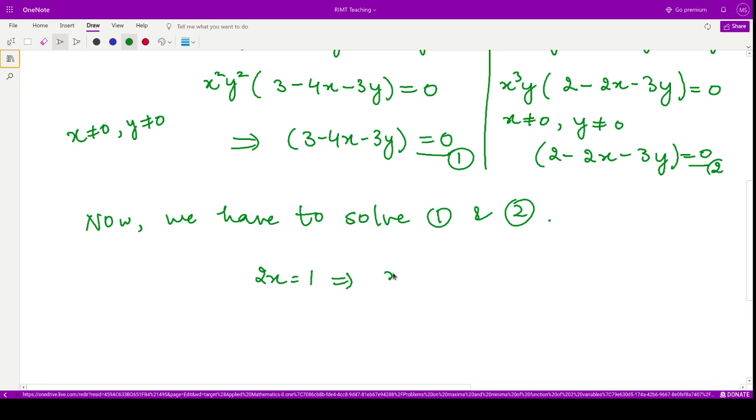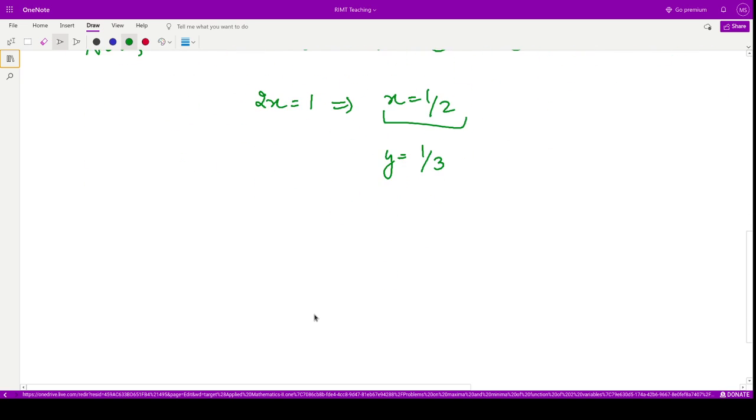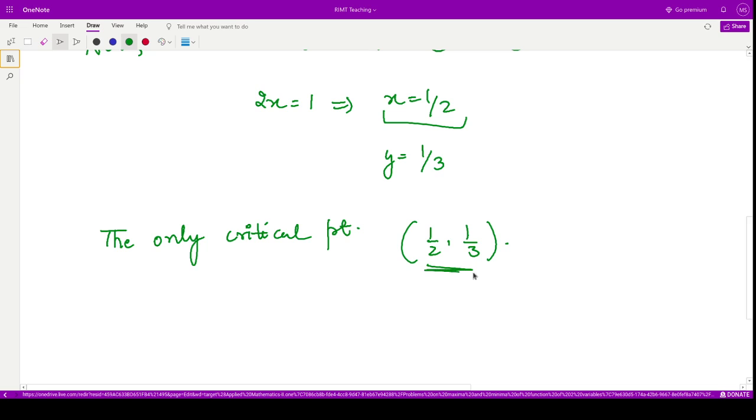So that means x would be 1 by 2, and when you substitute x is equal to 1 by 2 into one of the equations, you'll obtain y is equal to 1 by 3. Therefore, the only critical point, because in this case no other critical points are available, is (1 by 2, 1 by 3). So this is the point.